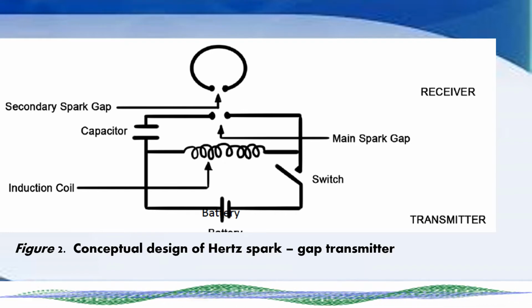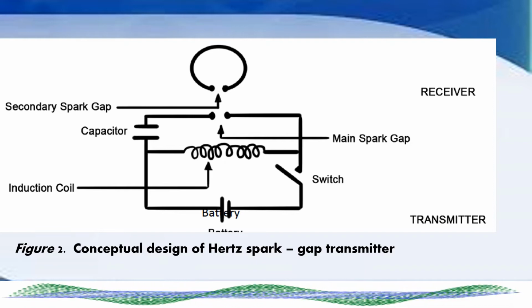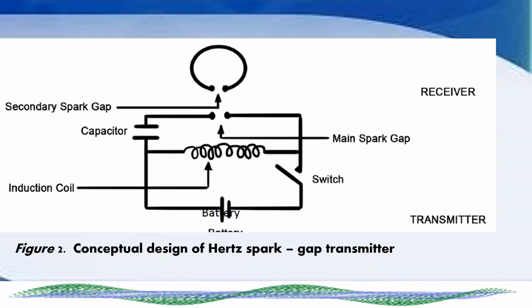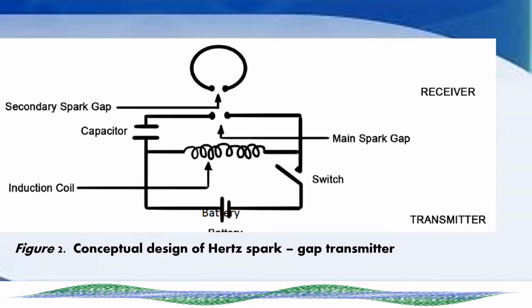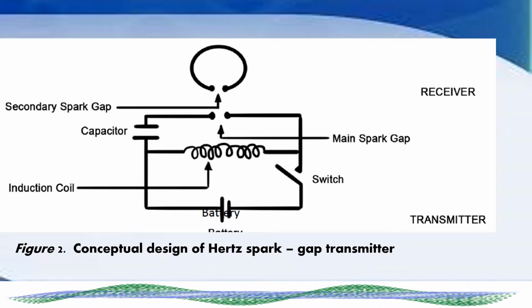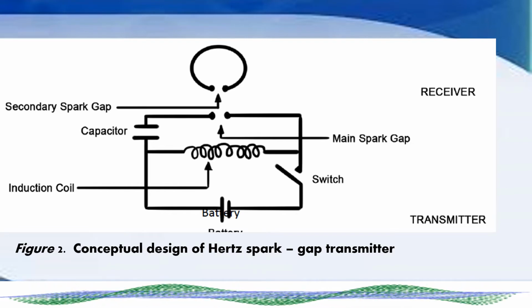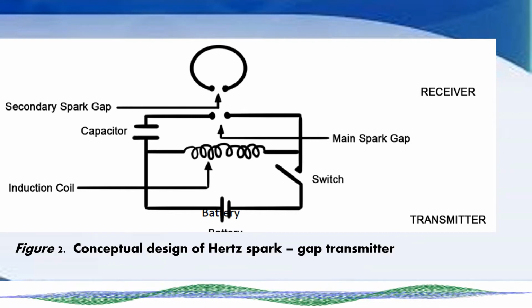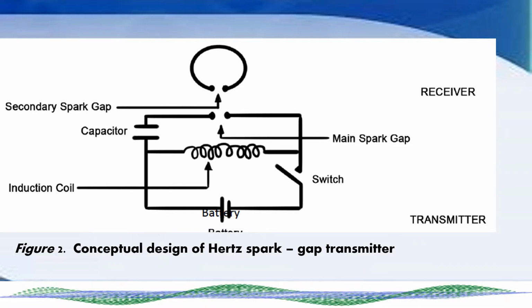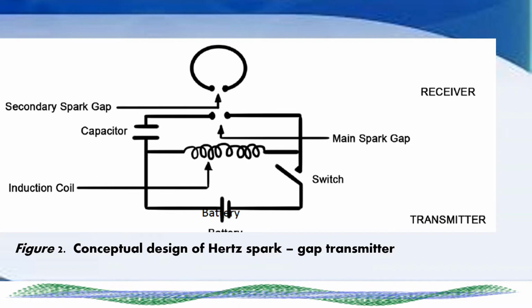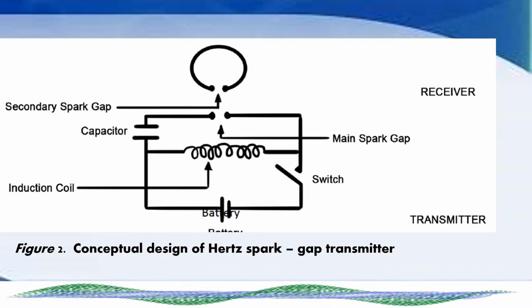So it produced an electrical spark through a process called magnetic induction. The sparks flew between spark gaps, small gaps in the circuit.